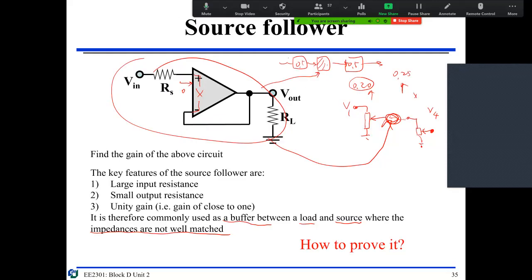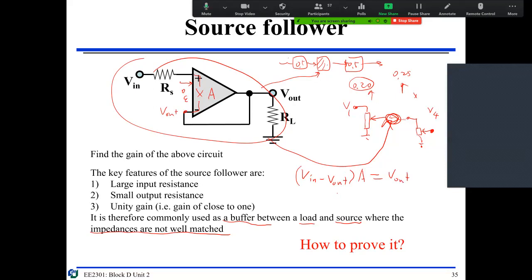Let's prove it. So assume this is A. Assume this is epsilon. So the V in minus V out. This is also V out, right? So this difference is V in minus V out. Then it times A will equal V out, right?